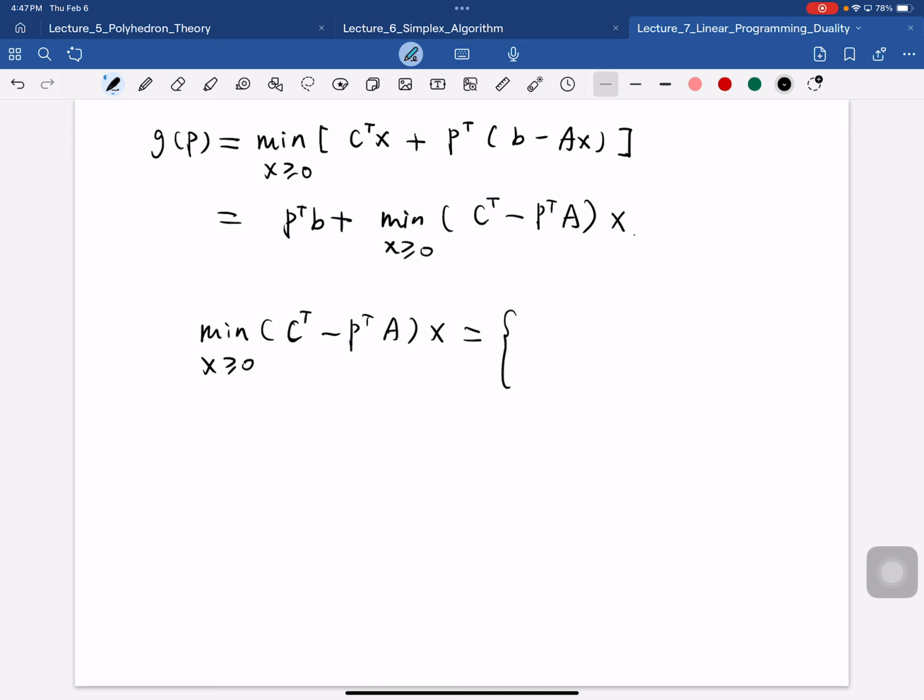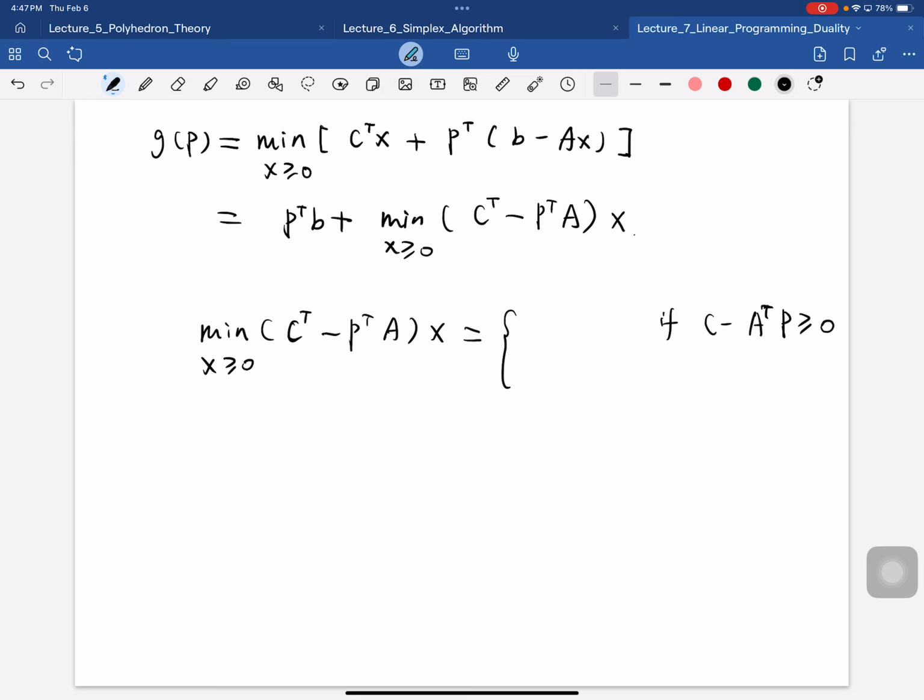So in order for this term to be bounded, all the entries have to be greater than or equal to 0. You can write it in column vector form: c minus A transpose p has to be greater than or equal to 0.